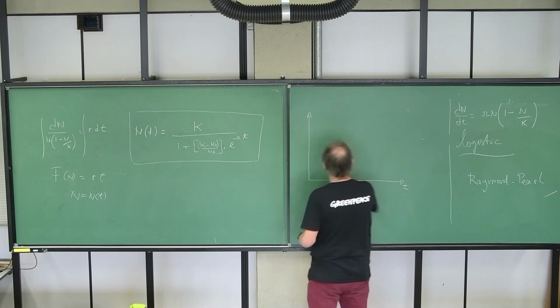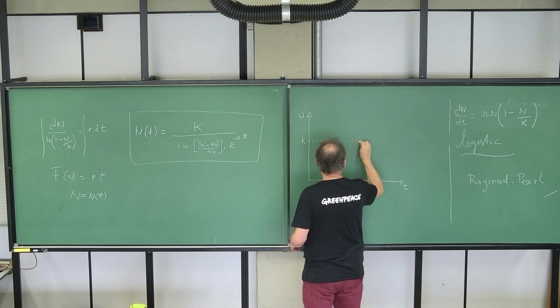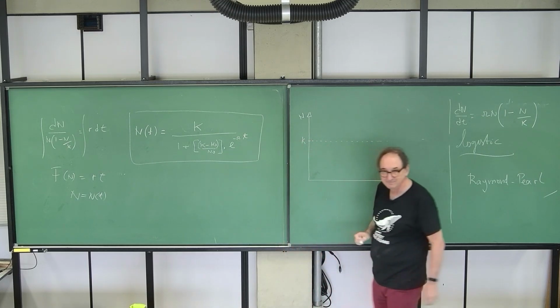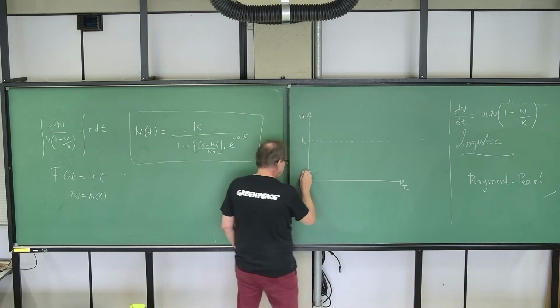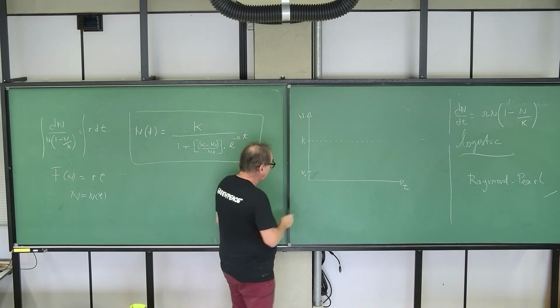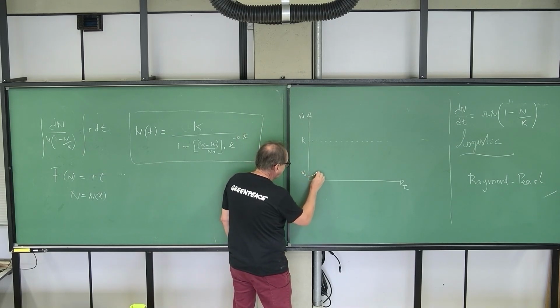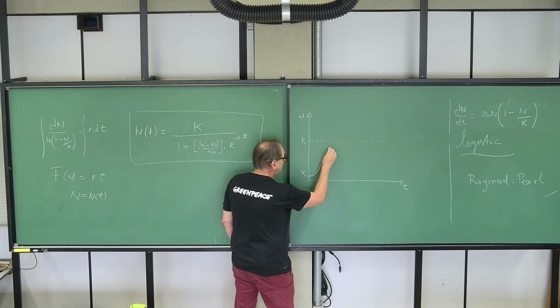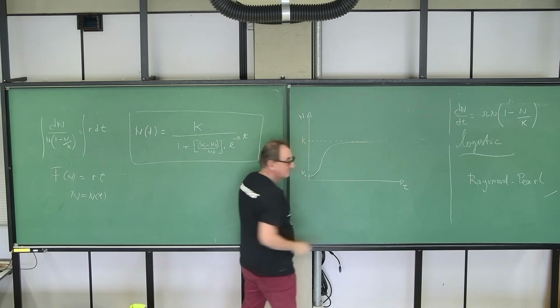Here's time, here's n. And here's the value k. If I start with n0 here, you will start by growing exponentially and approach the value k over time.